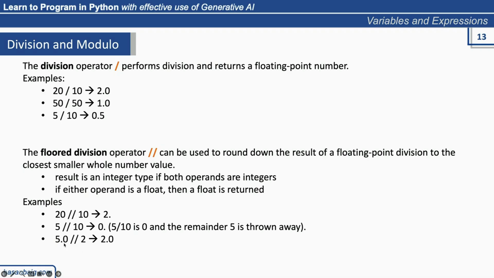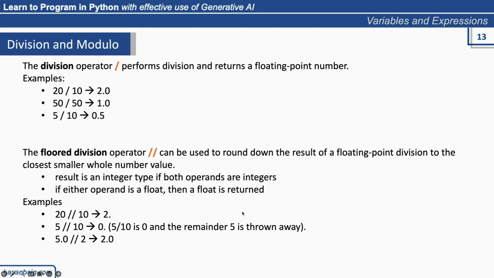For example, 5.0 floor divided by 2 may have options like 2, 2.5 or 2.0, so 2.0 is the correct one. If it's 5 floor division 2.0, would you still get 2.0? It will still produce the same result, because the second operand has a floating point value.